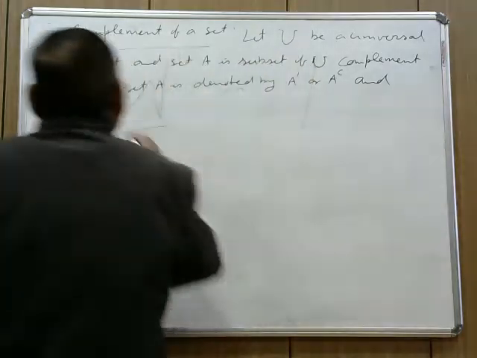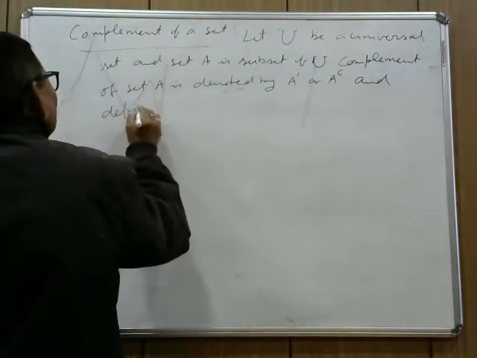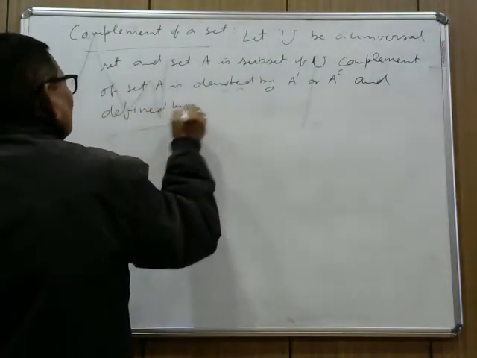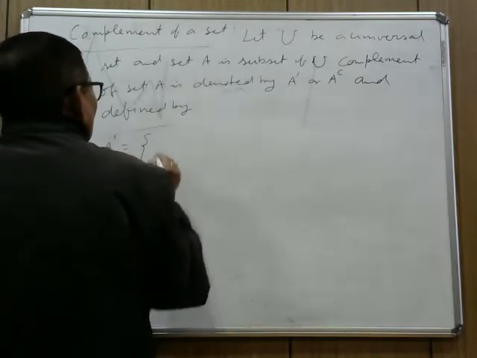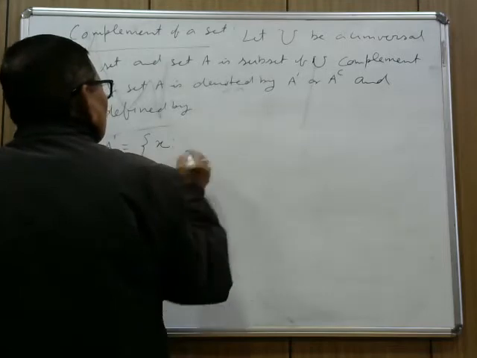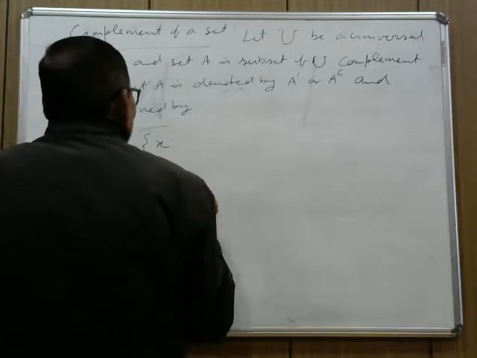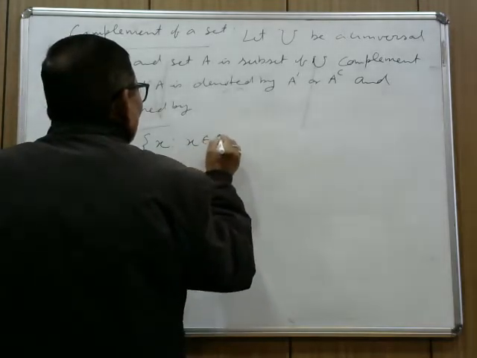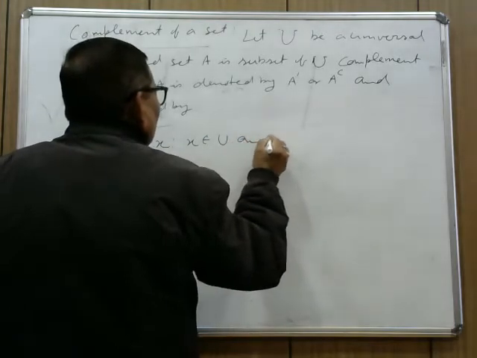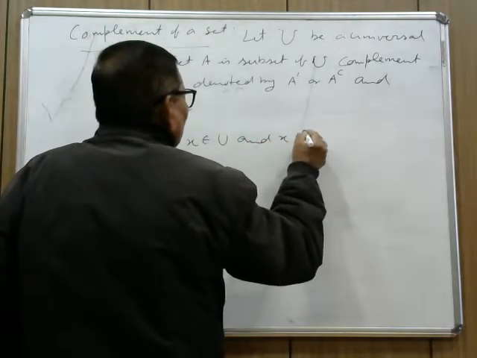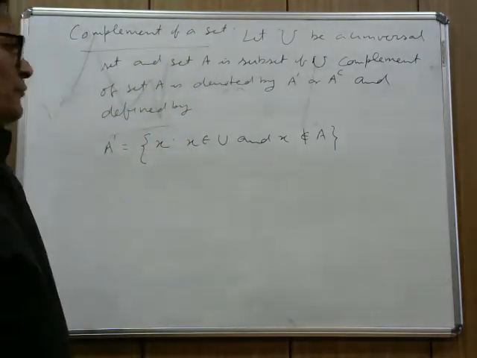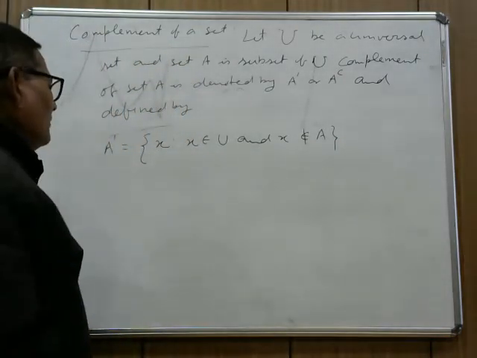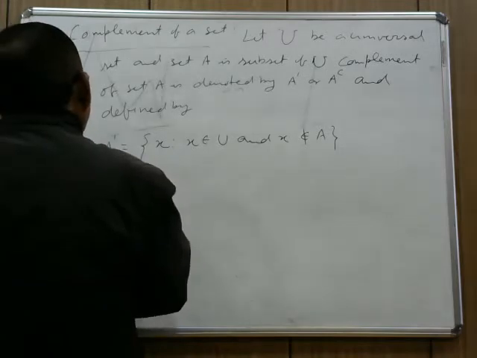and defined by A dash equal to all x such that x belongs to U and x does not belong to A. Those members of U which are not members of A are the members of A complement.